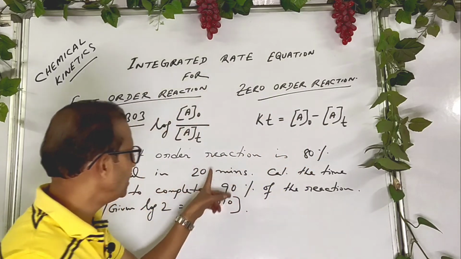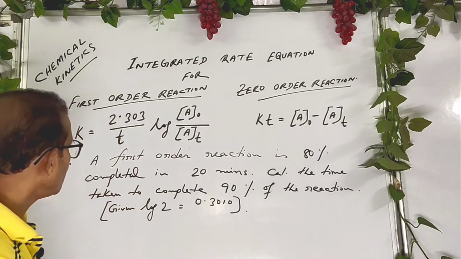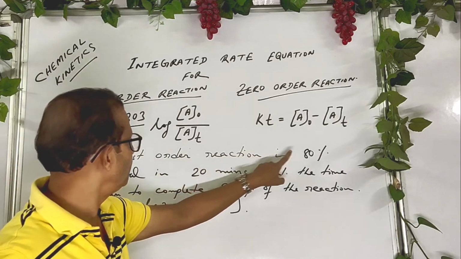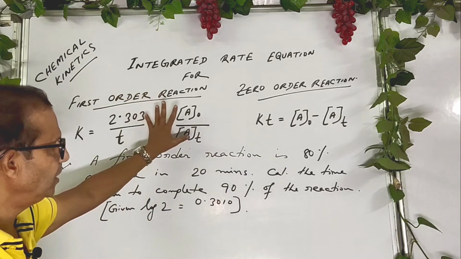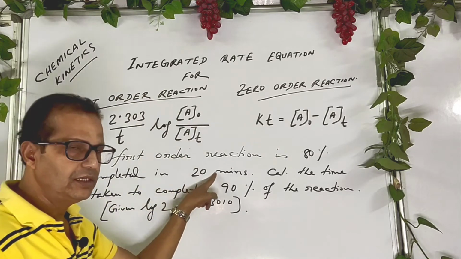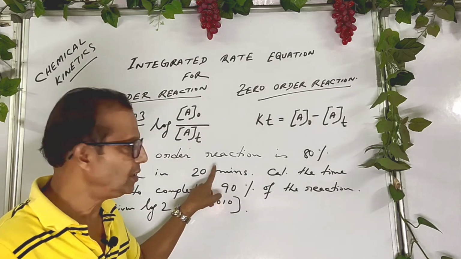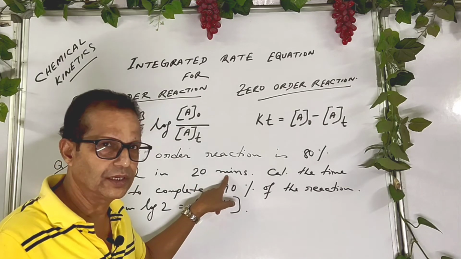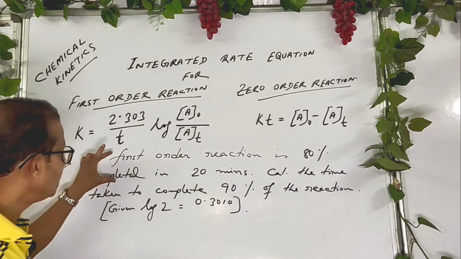Okay. So listen, in this type of reaction, two parts are there. In the first part, a first order reaction is 80% completed in 20 minutes. In this chapter, if the time is in second, keep it second. If the time is in minute, keep it in minute. If the time is given in hour, don't change it. So this is the first part.